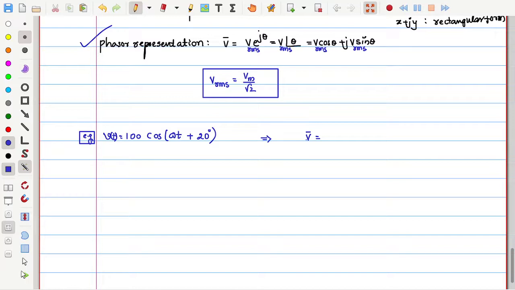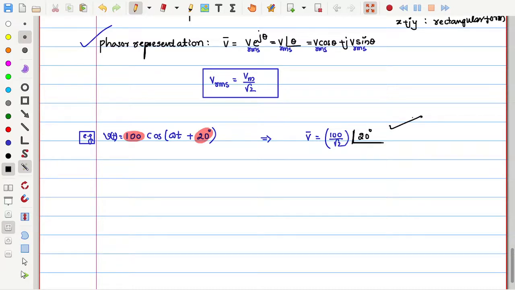If I keep it as 100 only, it becomes the vector representation. But for a sinusoidal, the RMS value is Vm by root 2, so the amplitude is 100 by root 2. How much is the angle? 20. We should always focus only on these two: the coefficient of the cosine or sine function, and the omega t plus angle term. Put those directly in this format, at an angle of 20 degrees. That's all. This is the phasor representation.